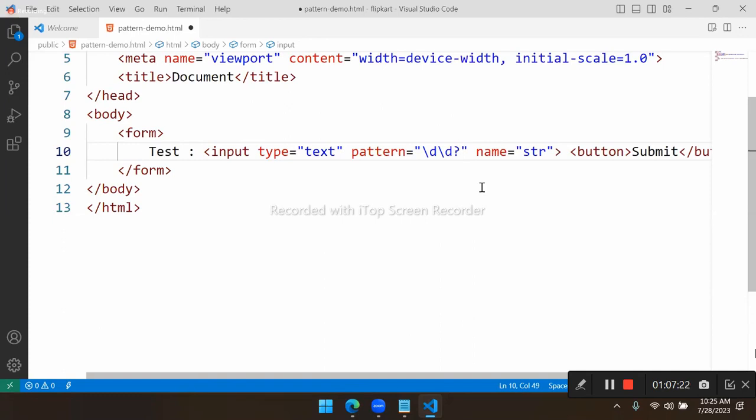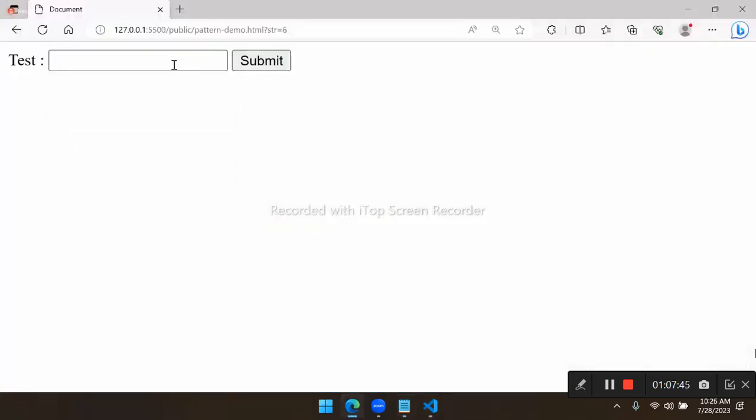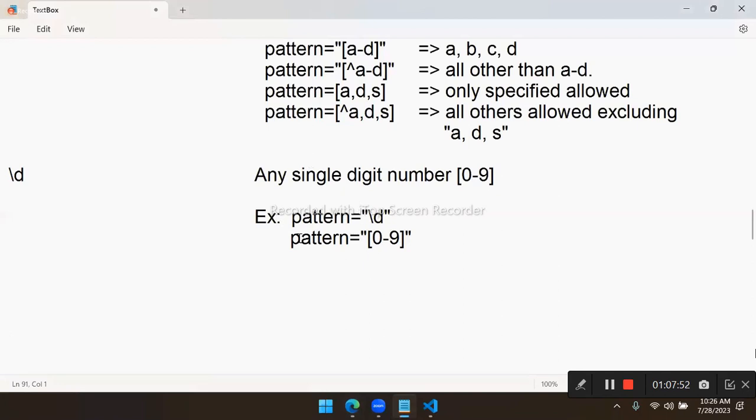If I keep it for the last /d, what does that mean? The last digit can be 0 times or 1 time. 0 times means 1 digit is allowed. 1 time means 2 digits are allowed. That's how we write. Now we use the combination here. This indicates either 1 digit is allowed or 2 digits are allowed. 3 digits not allowed. So we have to use that /d for that, right?